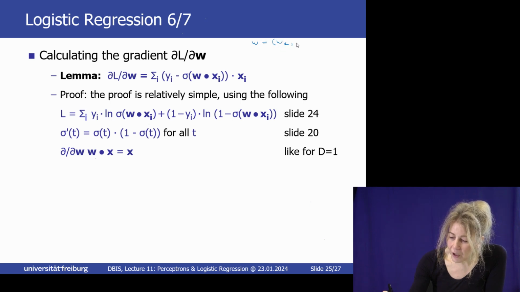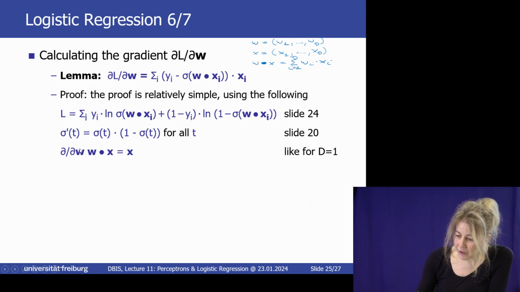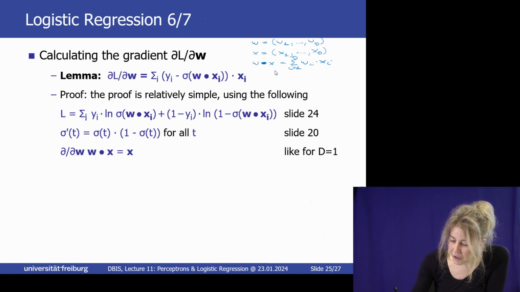So this is our W, and we know it has d dimensions, and this is our X. And it also has d dimensions. Then the scalar product is just the sum of these things, Wi times xi. And now I'm taking the derivative of this thing.